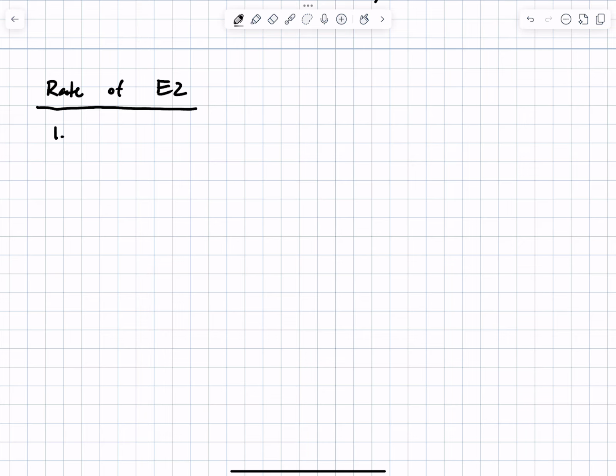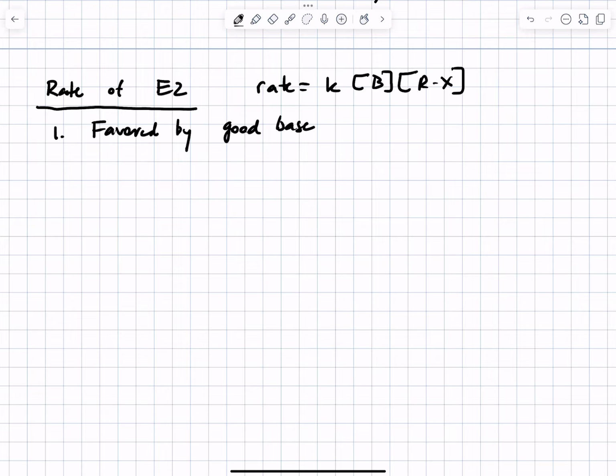First, because the rate is dependent on both the concentration of the base and the concentration of the alkyl halide, we will say that E2 is favored by good bases. Duh. And that means something whose conjugate acid has a pKa greater than or equal to 16.